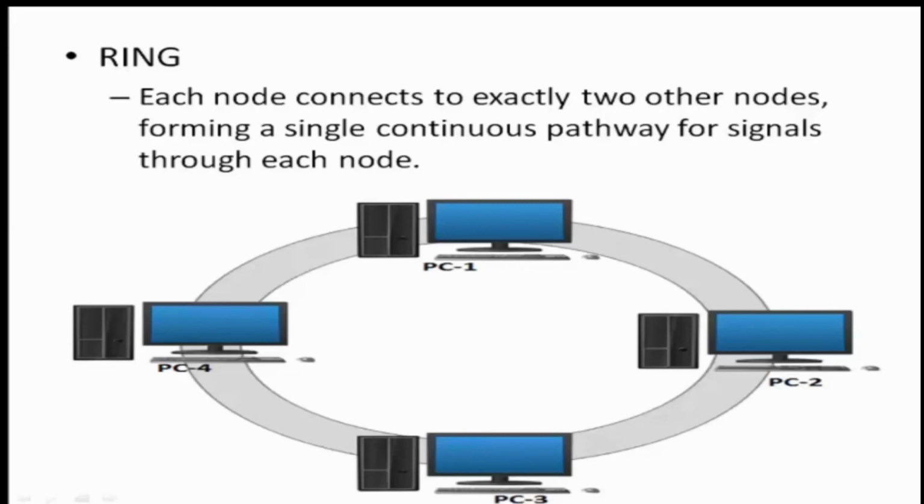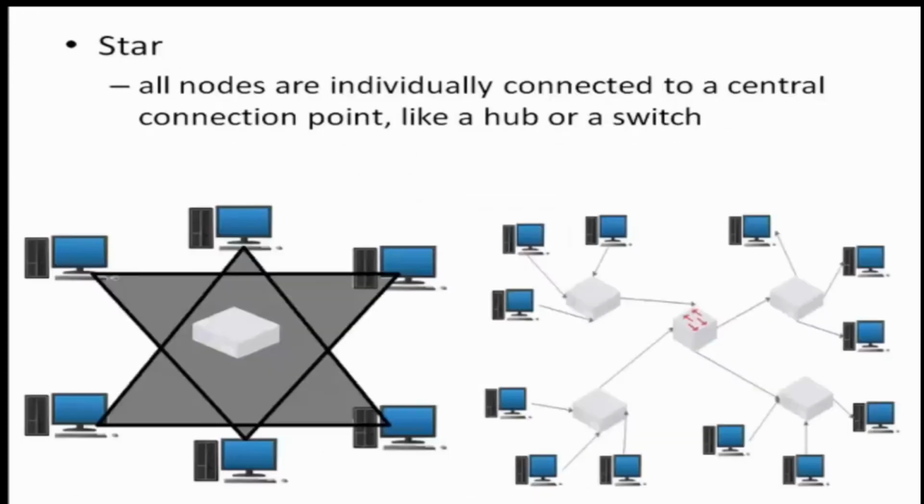The next topology is star topology. In star topology, we use a central hub or switch, and all the nodes are connected through that hub or switch. The benefit here is that if a single link or node goes down, the entire network never goes down.